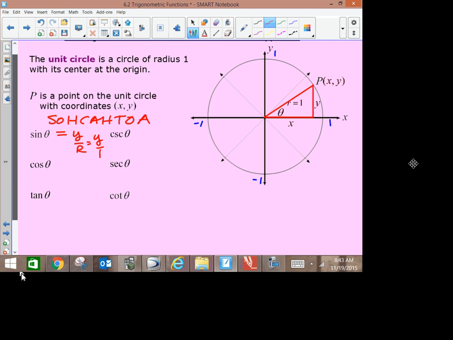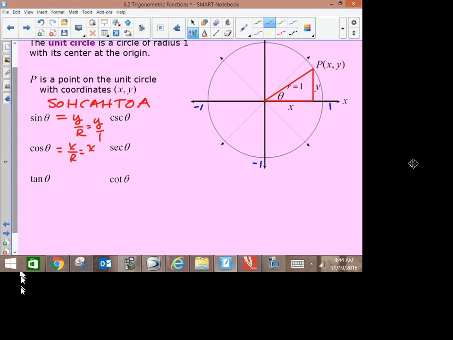Since r is 1, the sine of theta in a unit circle is y. What's the cosine of theta? That's the CAH: x over r. Since r is 1, the cosine is x. What about the tangent? Y over x. There's nothing we can do to simplify that, because r is not involved.